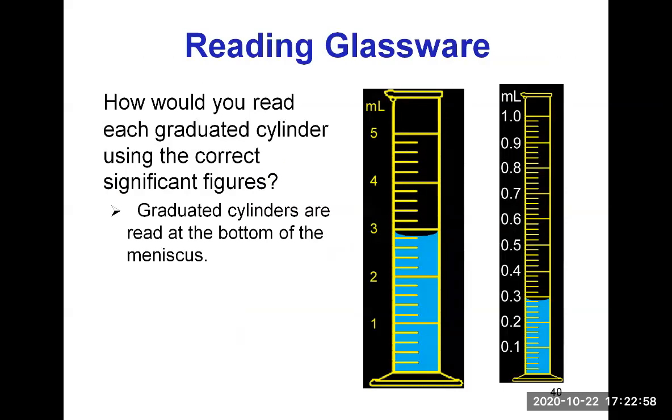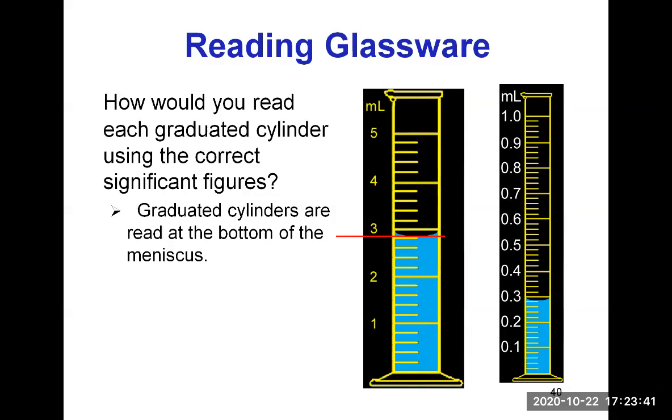There is something particular about graduated cylinders: typically the water or the liquid that you pour in them makes a meniscus at the surface of the liquid, and usually the meniscus is curved upward on the sides, and so the rule is to read the volume at the bottom of the meniscus. So if you look at the surface of the water in that cylinder, you want to read there where the red line is.